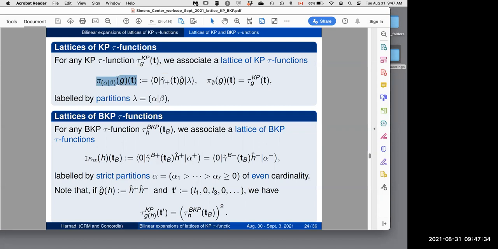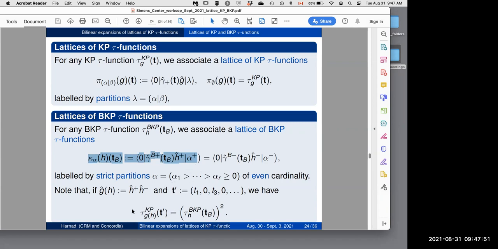Similarly, we define a lattice of BKP tau functions by replacing the vacuum element here by the basis that I defined before, obtained from applying the neutral fermions to the vacuum, where the alphas here are strict partitions.